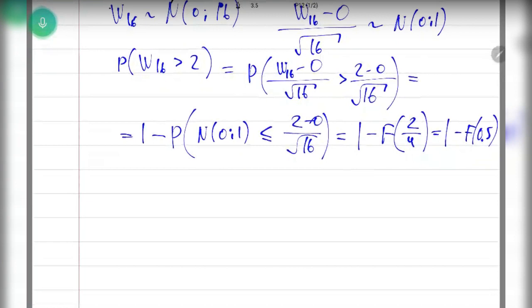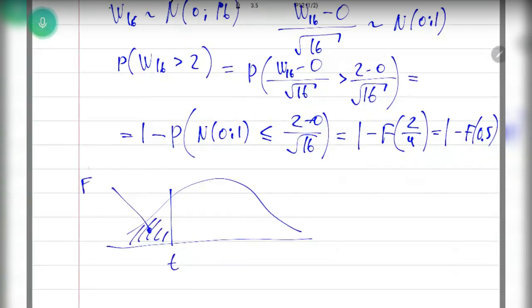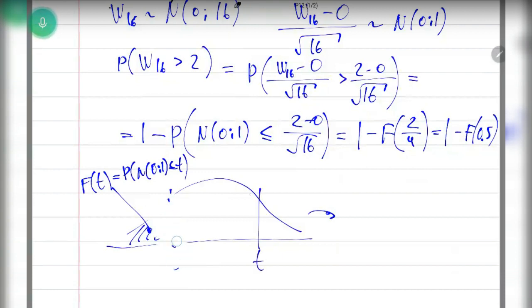And let's recap the basic property of the CDF of a standard normal. If you need to calculate the probability that a standard normal is less than or equal to t, let t be positive for simplicity.